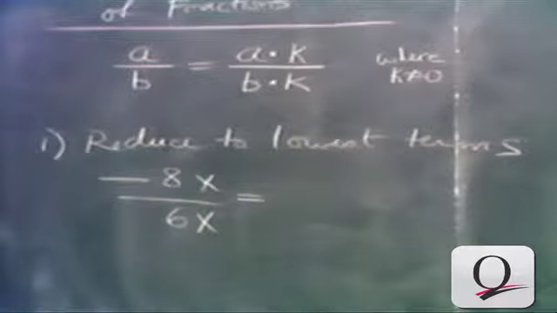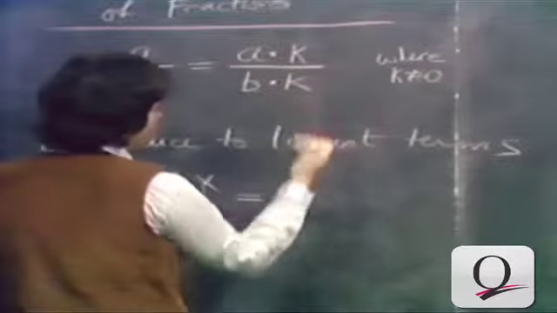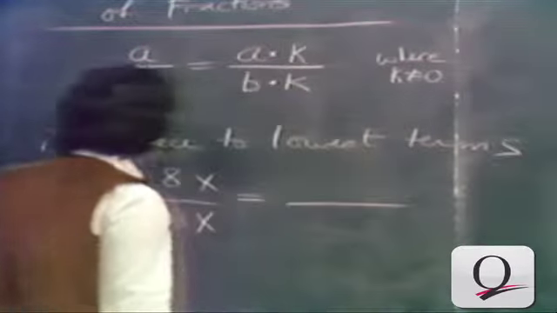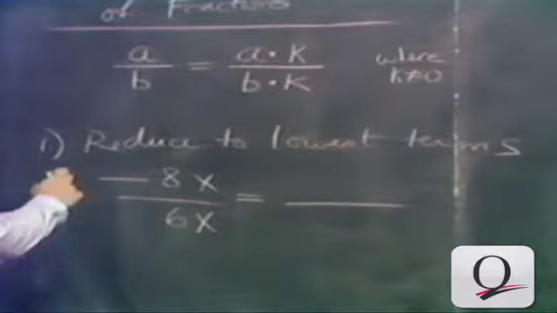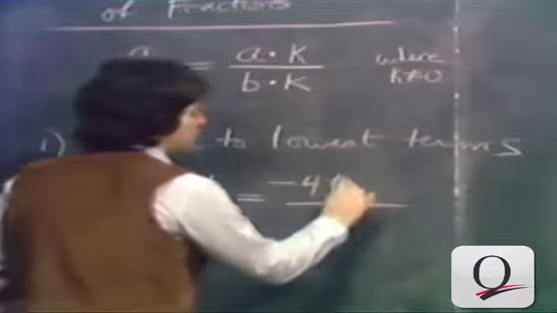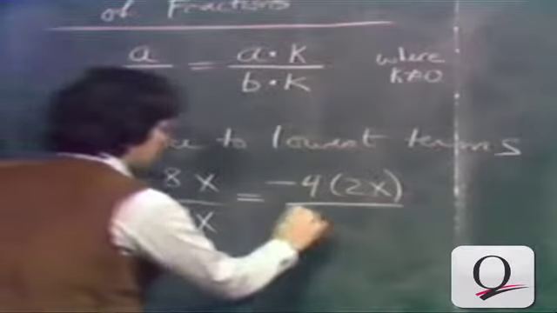What we're going to do here is to factor the numerator and the denominator so that we can see a common factor that we can cancel out. And we can think of the numerator, instead of minus 8x, as minus 4 times 2x, and the denominator as plus 3 times 2x.